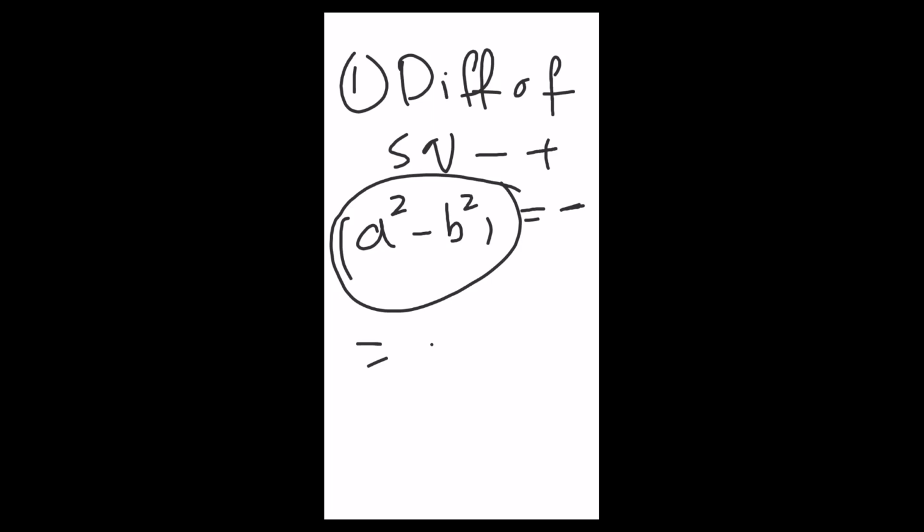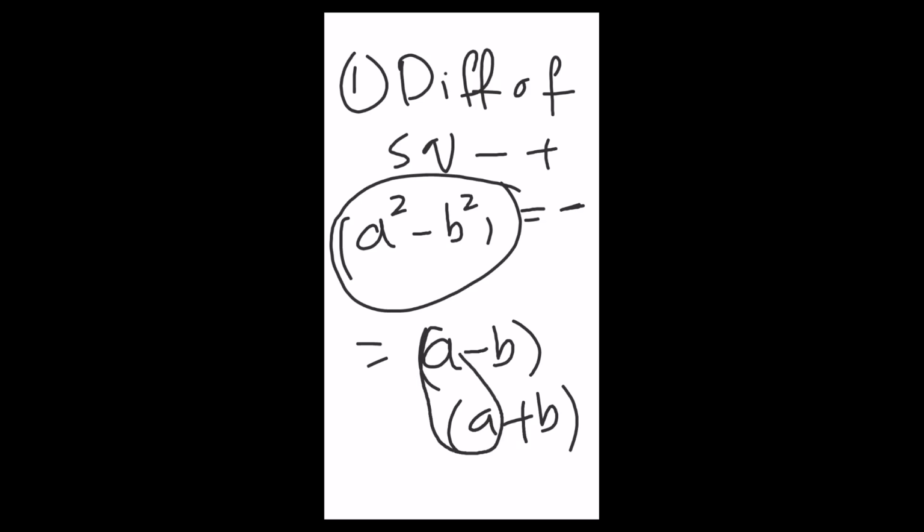So I know that if I write one time a minus b and one time a plus b, I can easily say that one time minus and one time plus, and I'm going to multiply them, so it will be a square, and I'm going to multiply b with b, it will be b square.